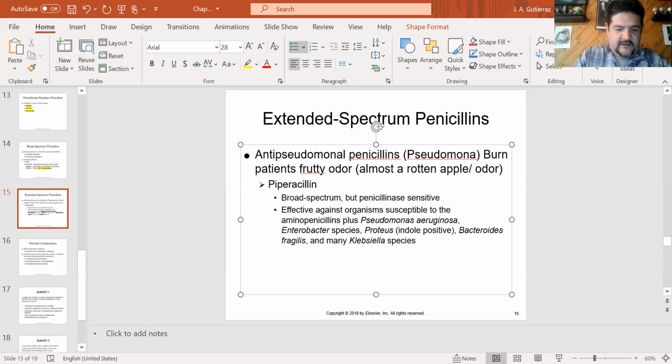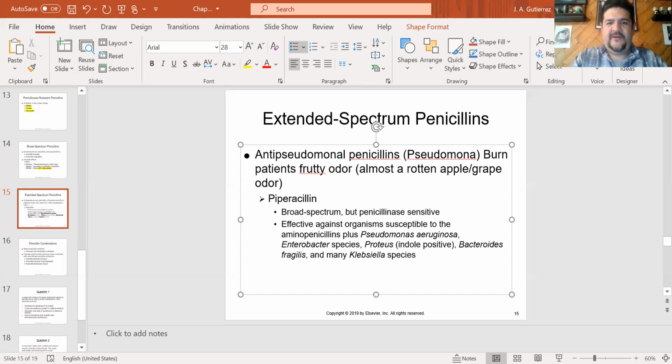Or other people say it's more like grapes going into that phase of getting rotten. And the infection has a very specific color, bluish, greenish color, kind of slimy.